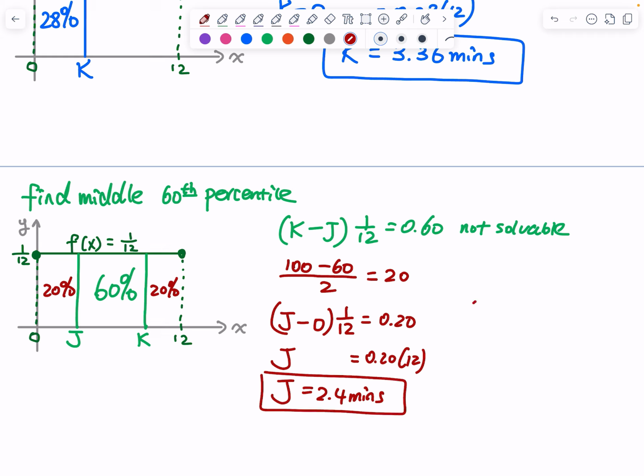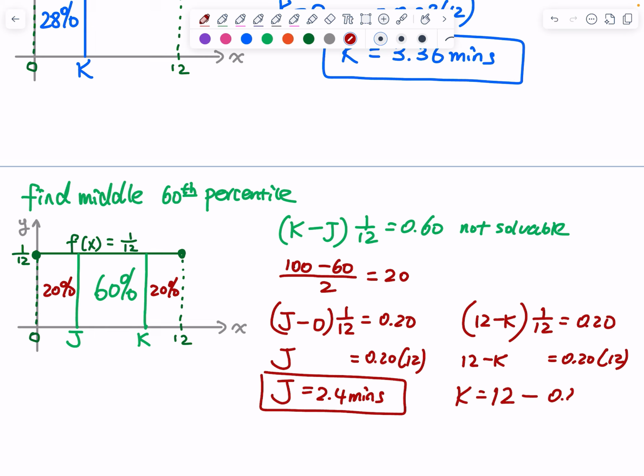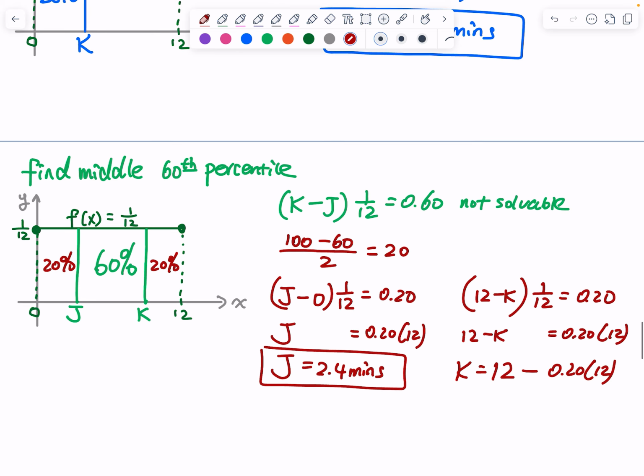And then what about K? I can do 12 minus K, big number minus small number, times the PDF equals 0.20. 12 minus K equals 0.20 times 12. And then K equals 12 minus the product, 12 minus 0.20 times 12, that equals 9.6.